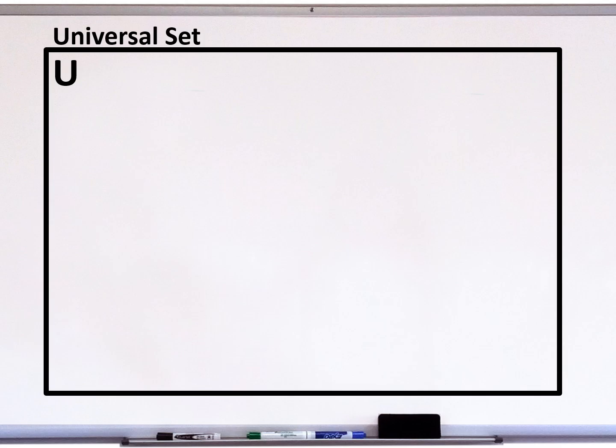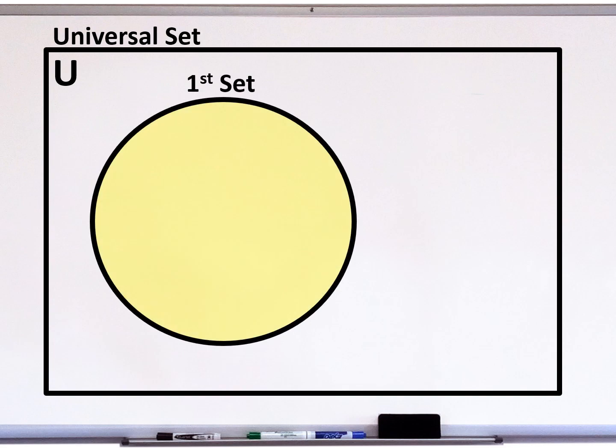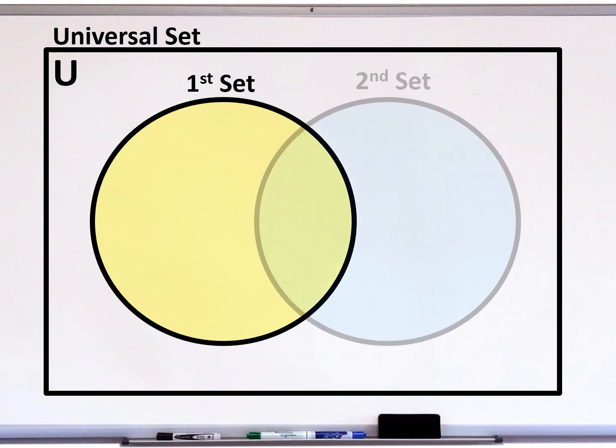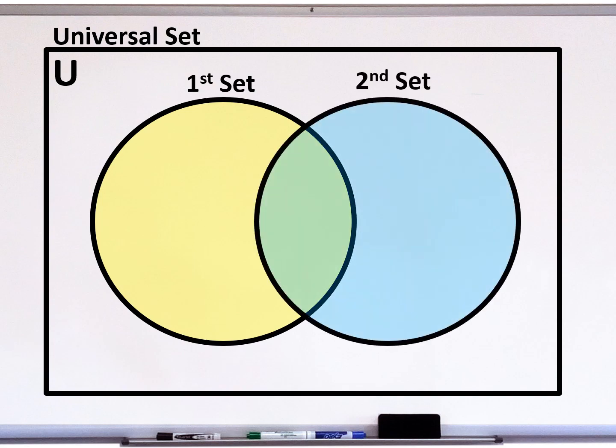Okay? So if it involves two or more sets, we can use two overlapping circles. We can use a circle to represent the first set, then another circle for the second set.